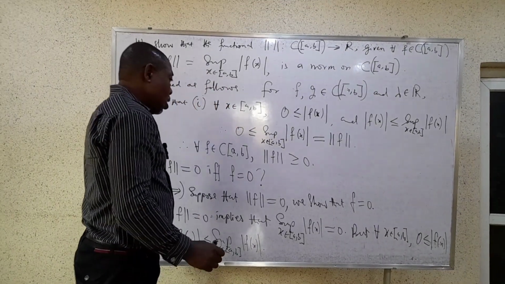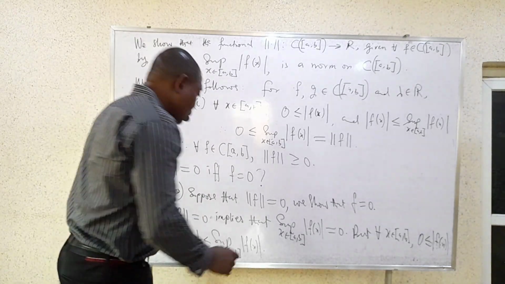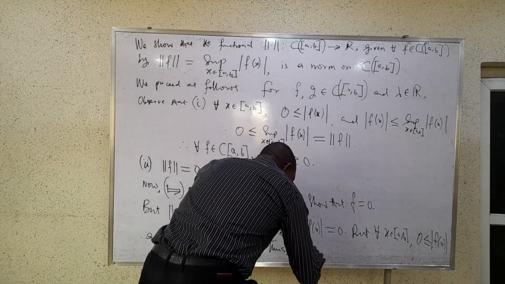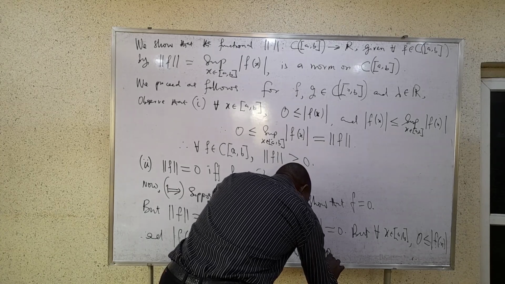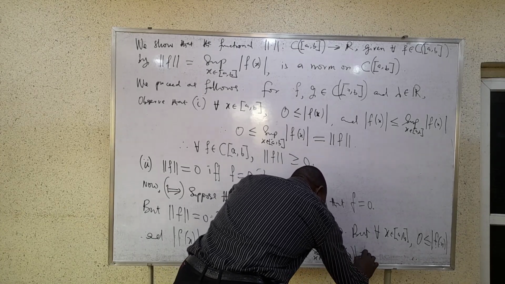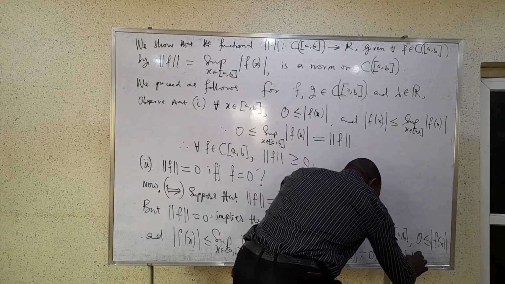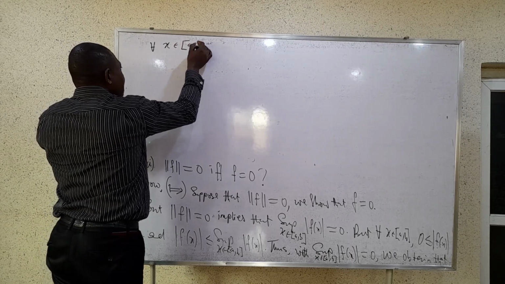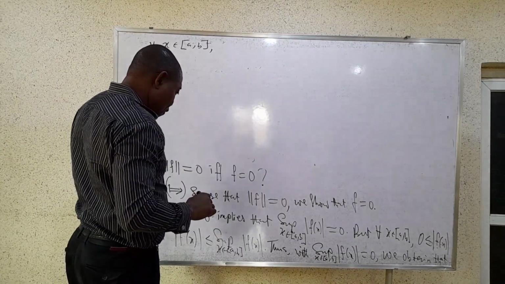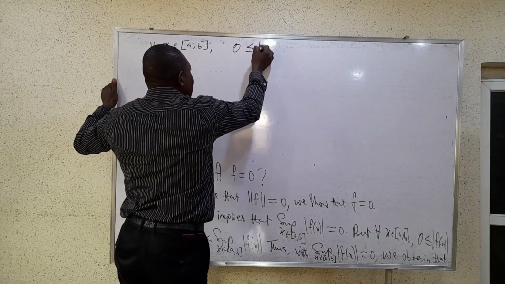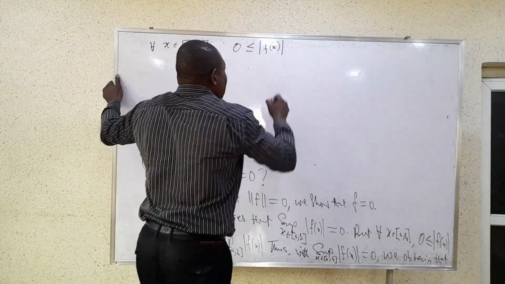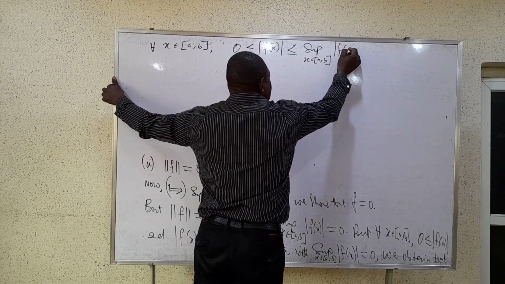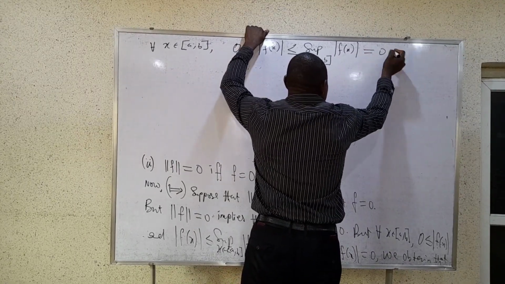Therefore, the sup is equal to 0. Thus, with the supremum over x in [a,b] of absolute value of f of x equal to 0, we obtain that, for any x we pick in [a,b], watch me please, 0 is less than or equal to absolute value of f of x, and this is less than or equal to the supremum over x in [a,b] of absolute value of f of x, which is equal to 0.